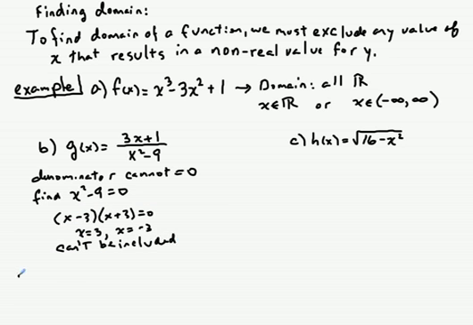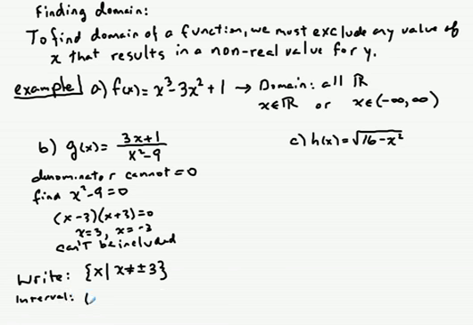And so we would write our domain one of two ways. In set builder notation, we'd write the set of all x such that x does not equal plus or minus 3, a very compact kind of notation. But we can also write it in interval notation this way.